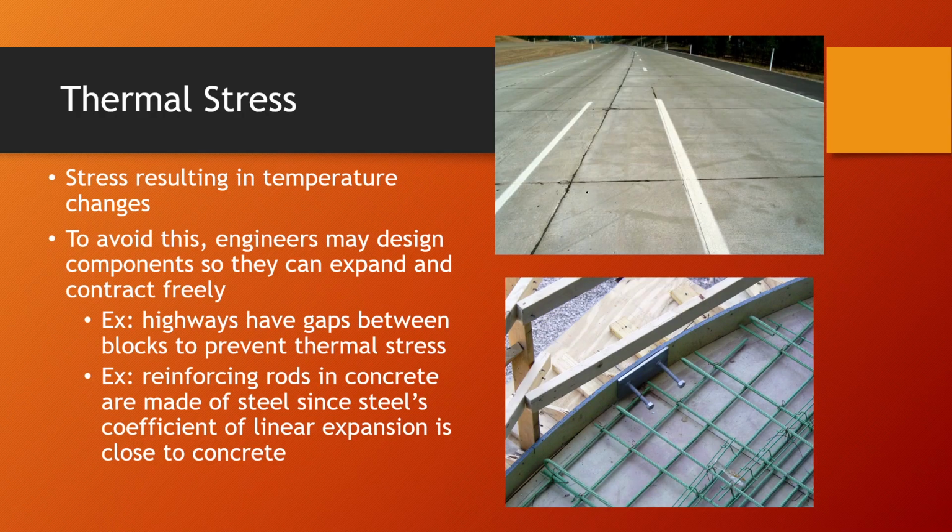Highways have gaps in between blocks to prevent this thermal stress. So these little gaps will be kind of like cutting up the concrete in a sense, not literally, but that's what it looks like, in order to have these little gaps and prevent this thermal stress and then possibly breaking up the road.